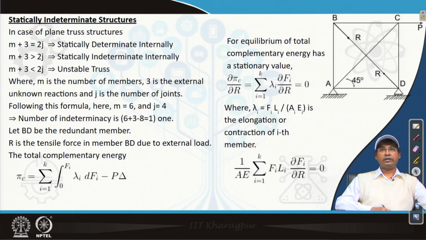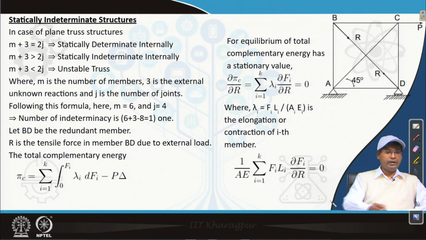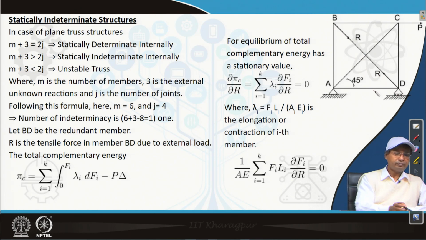In indeterminate structures, our first example is a very simple truss. The first thing we should see is that it is an indeterminate structure, how it is indeterminate, and how we can take care of the indeterminacy. In this statically indeterminate truss, there are two cross members.